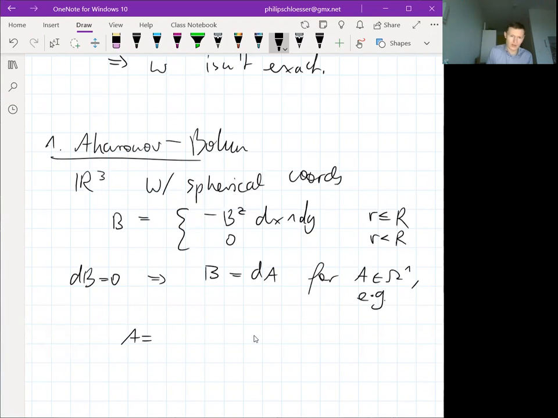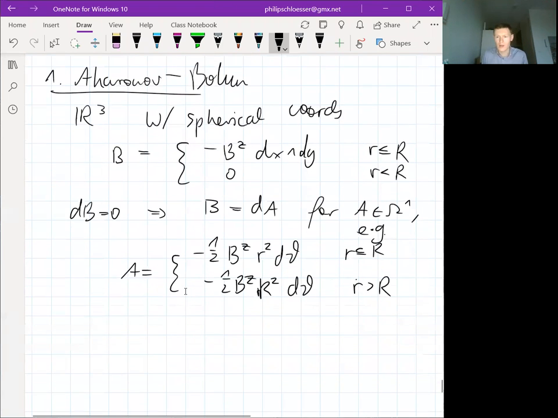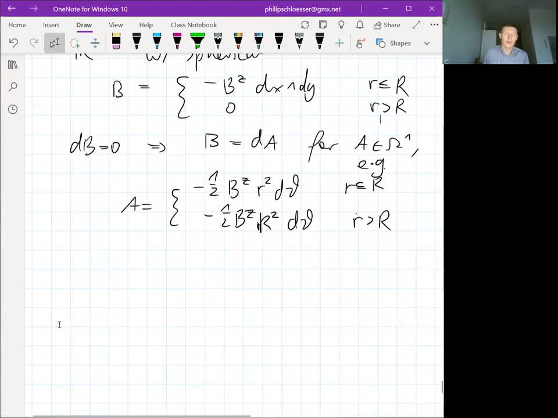For example, A is equal to minus 1/2 bz r squared d theta for r less than or equal to capital R, or minus 1/2 bz capital R squared d theta for r bigger than capital R. And well, this is not continuous or anything, or I guess it's continuous but not differentiable. So doing that alone was some sort of a stretch, but I guess bear with me.